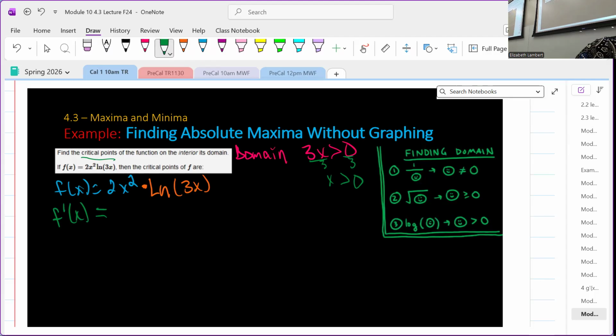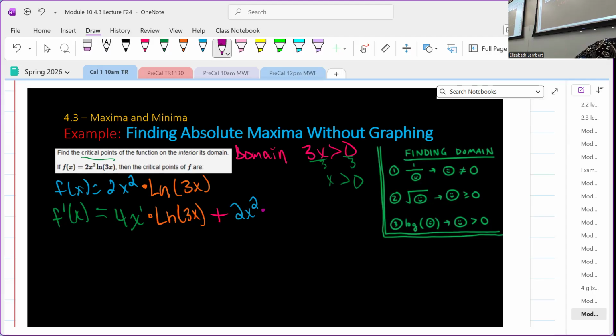So derivative of 2x squared will be 2 times 2x, so 4x to the first, times keep natural log of 3x the same, plus, now I keep 2x squared the same, and now I do times the derivative of natural log of 3x.